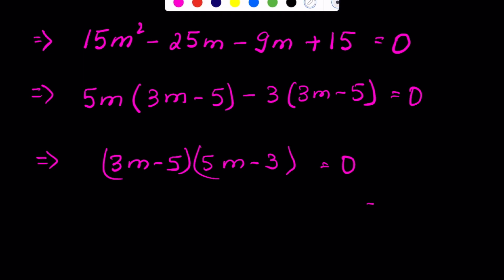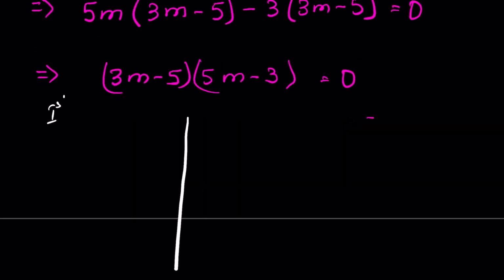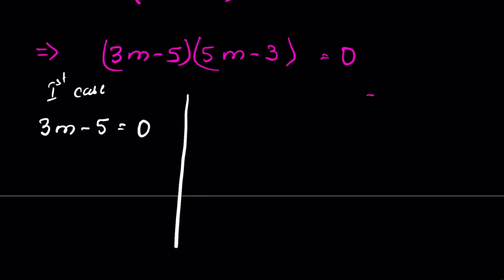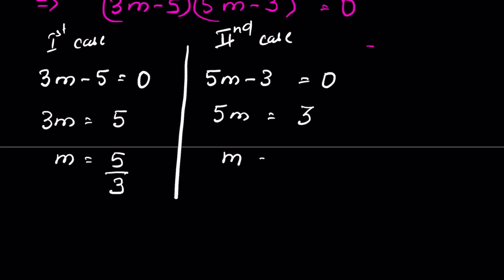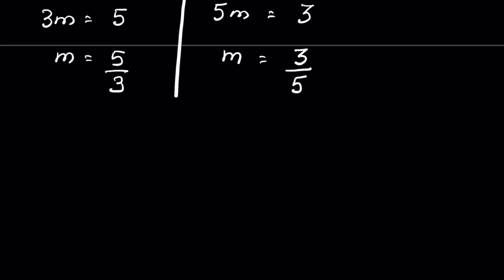Now we have two solutions. First solution is when 3m minus 5 is equal to 0. In that case 3m is equal to 5, or m is equal to 5 upon 3. Second case, when 5m minus 3 is equal to 0, 5m is equal to 3, or m is equal to 3 upon 5.